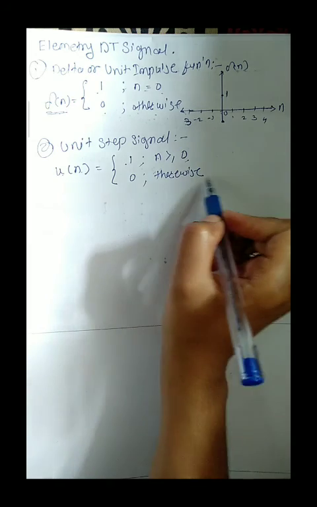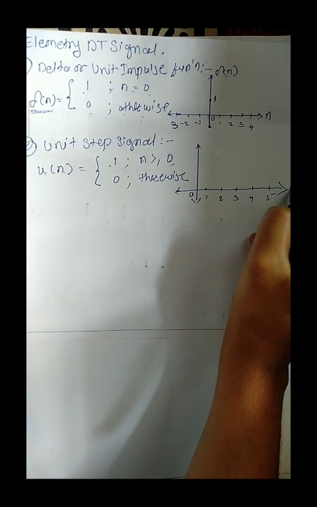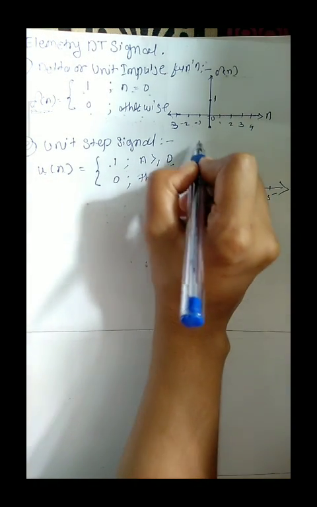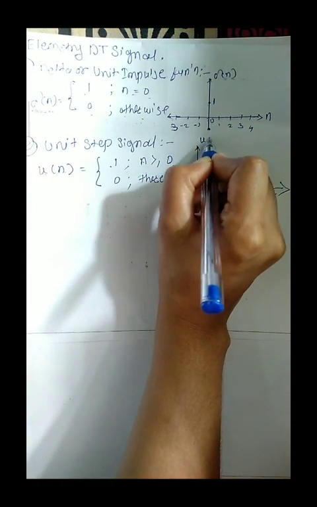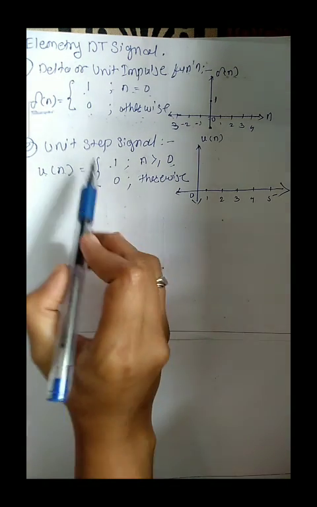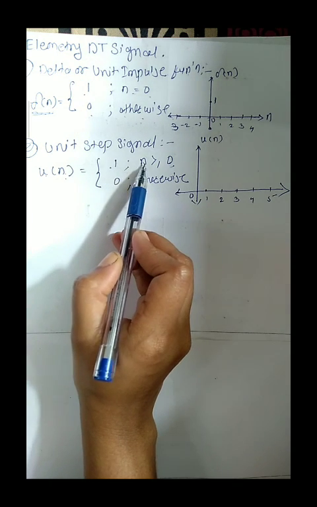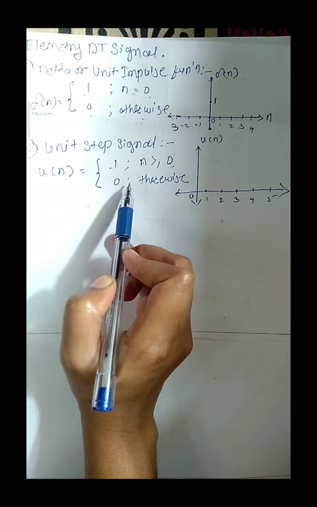Means what? Your graph is represented by n on the x-axis and x of n or u of n on the y-axis. What does the function tell? The value of u of n is 1 for n greater than or equal to 0.